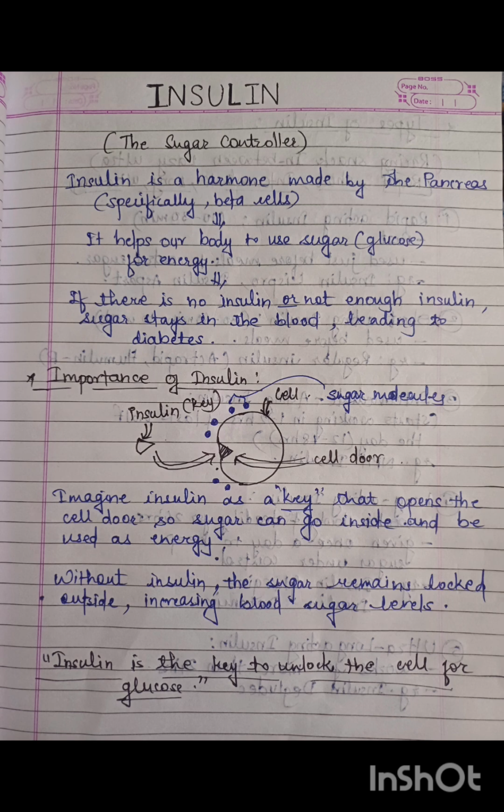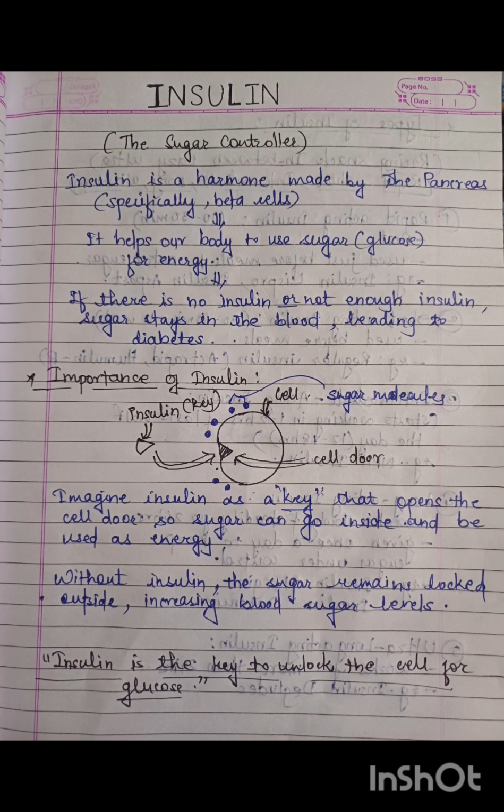Now the next point is, what is the importance of insulin? Now to explain this point, we are going to take the example of the lock and key model. Imagine the insulin is a key and the cell is nothing but a lock.